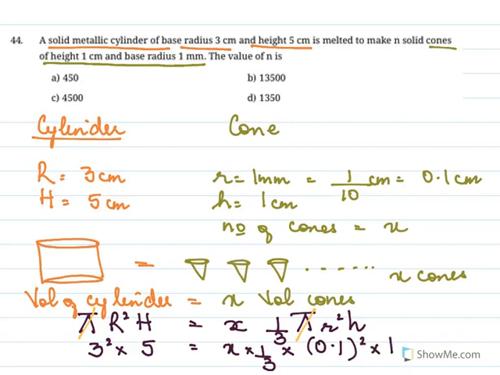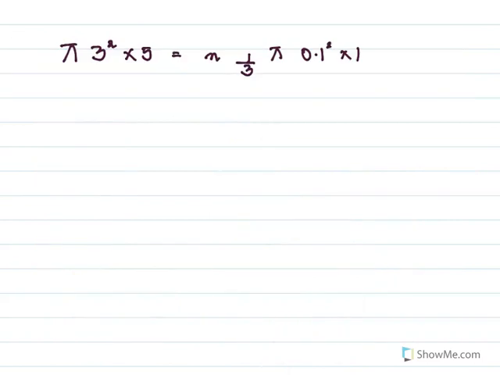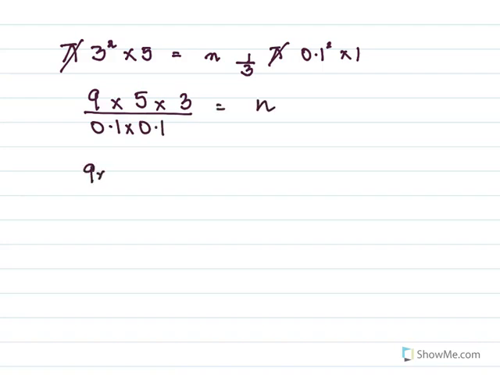So we go ahead and complete. So it is what we have. So we cancel the pi. So 9 into 5, we'll take the 3, it will come up. The 0.1 into 0.1 will come down equal to x. So 9 into 5 into 3. The 0.1, we put 10 here, so it becomes 1, the decimal goes, and here also we put 10.